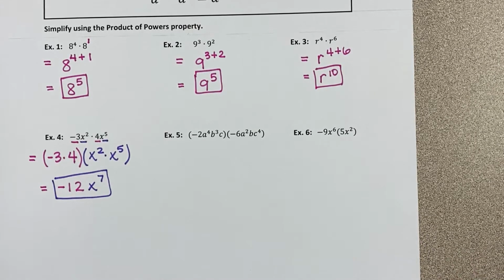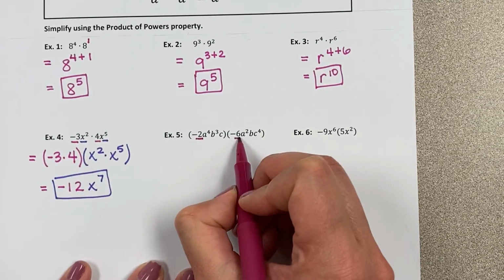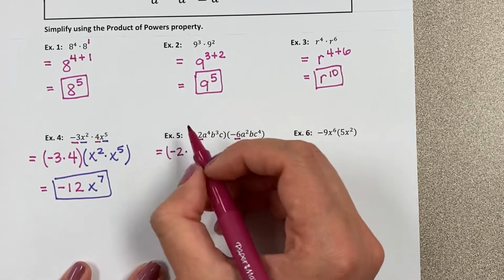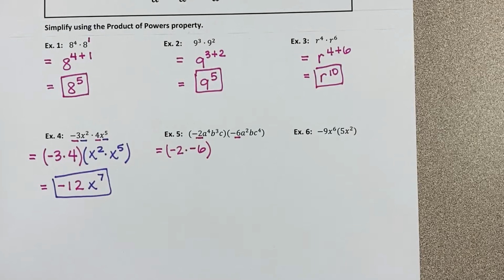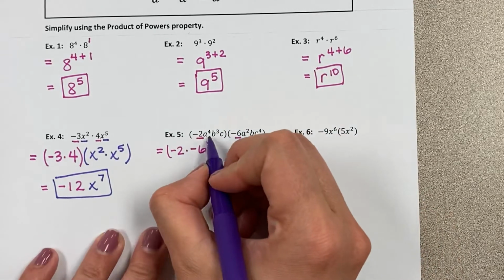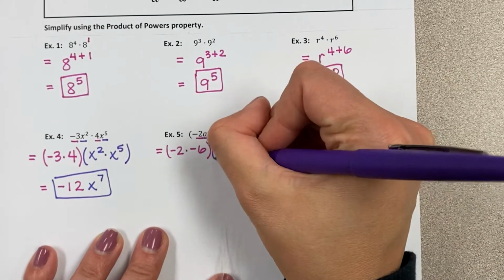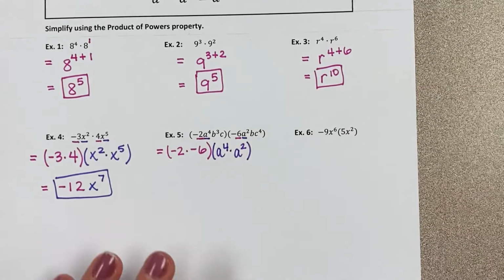All right, for example 5, I think I'm going to need a few more colors for this one. Let's start here. I see a coefficient in front, so -2 times -6. Then we have a's in both: a to the 4th times a to the 2nd.